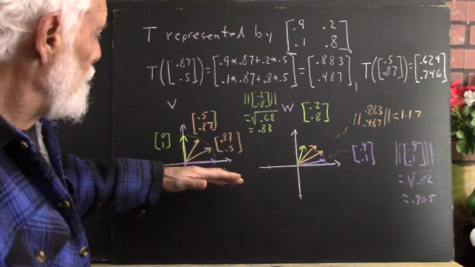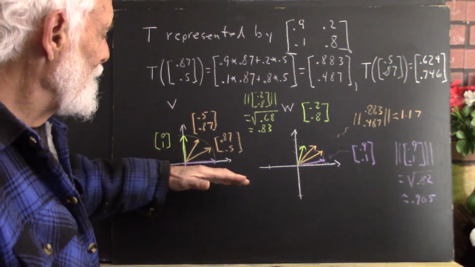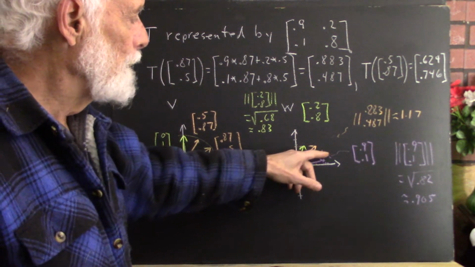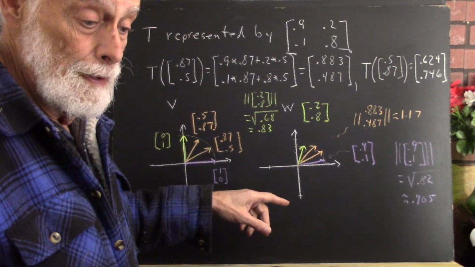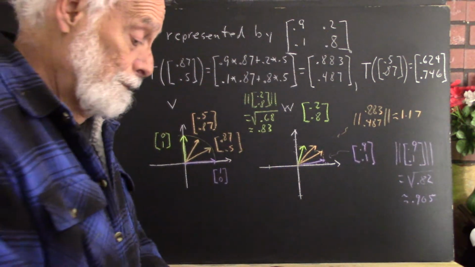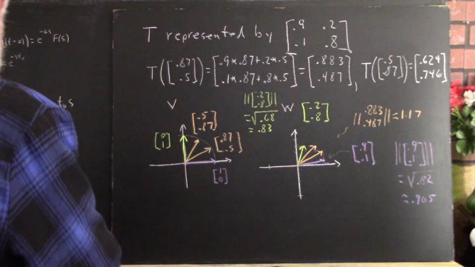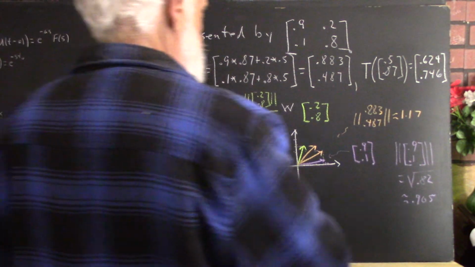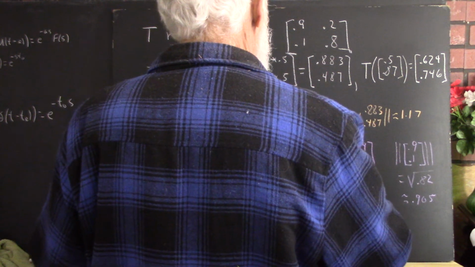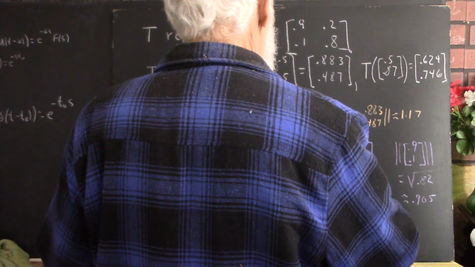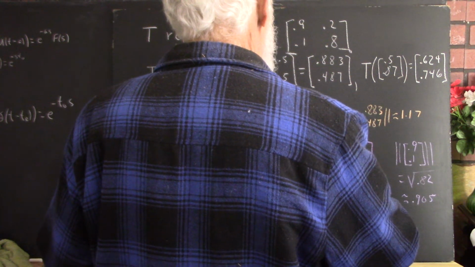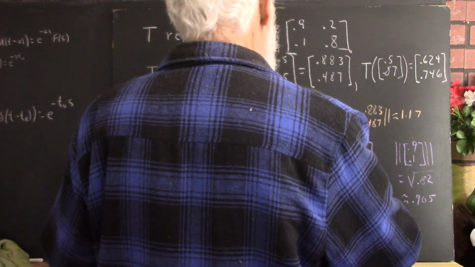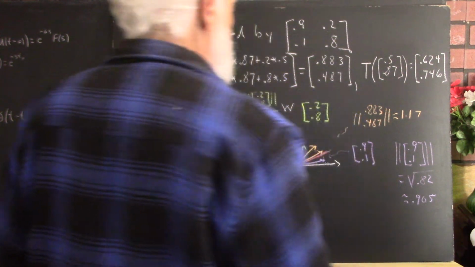This vector here turns a little bit toward the y-axis, meaning that there might be a vector in here someplace that doesn't turn. So I'm going to indicate that maybe there's a vector here along this line that doesn't turn.